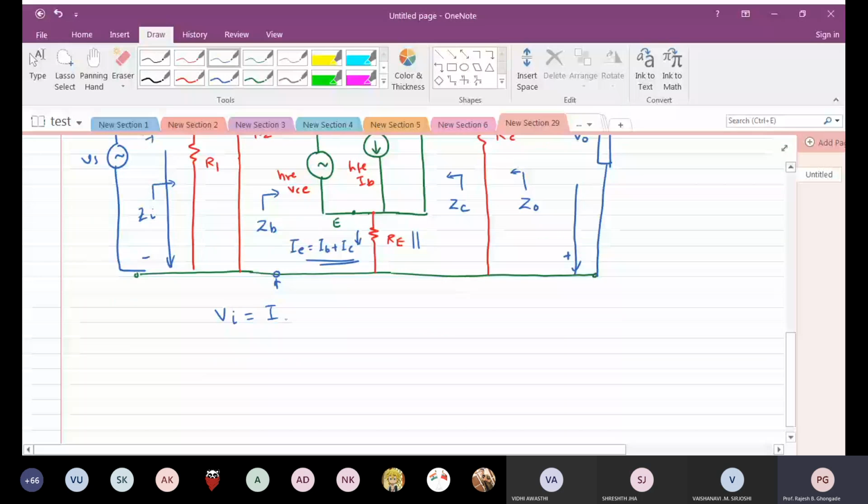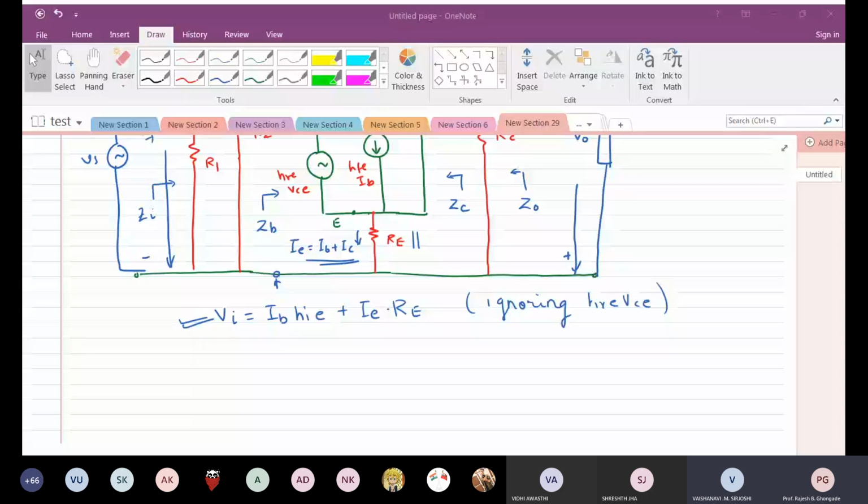This is IB into HIE plus IE into RE. Again, we are ignoring HRE into VCE, or output voltage. VC is nothing but the output voltage. So is this equation clear to all of you? If you are able to understand this, then things will be very, very simple.